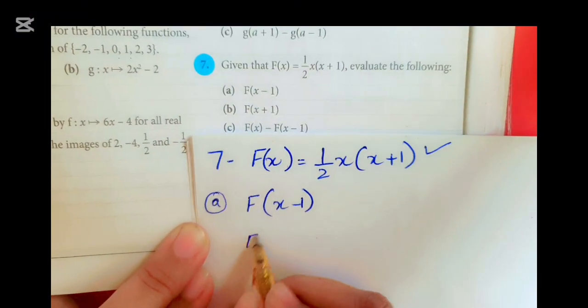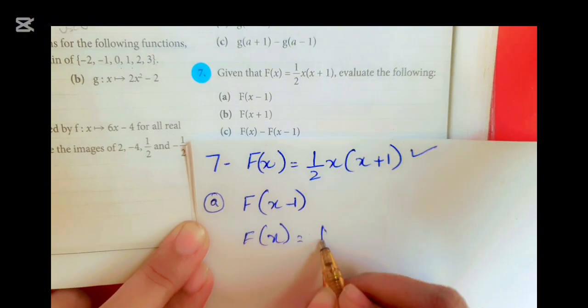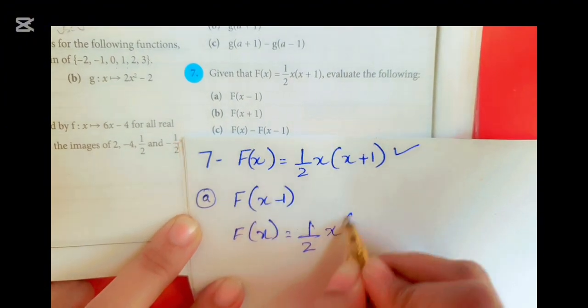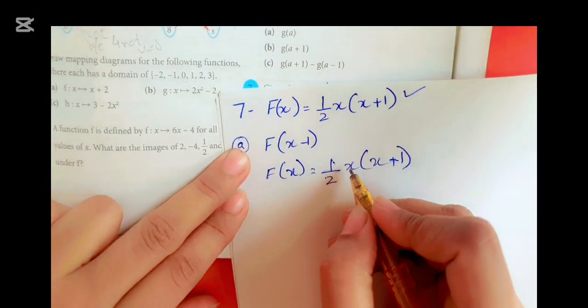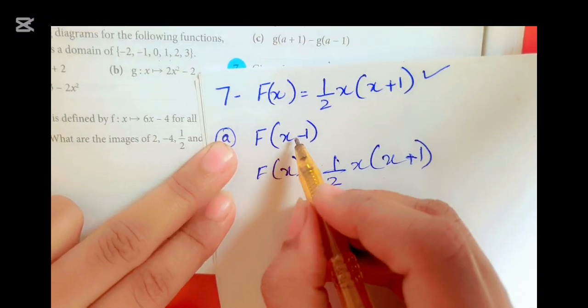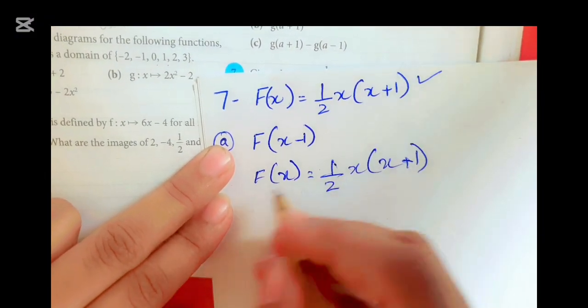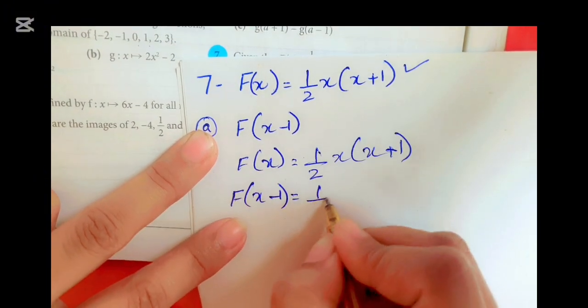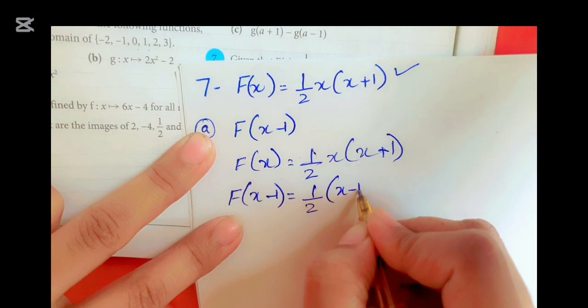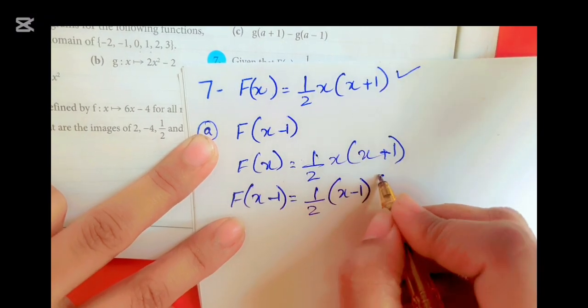This function f(x) is equal to half x(x + 1). Now I have to write the value x - 1 in place of x. So f(x - 1) is equal to half (x - 1). Then again I am opening the bracket.